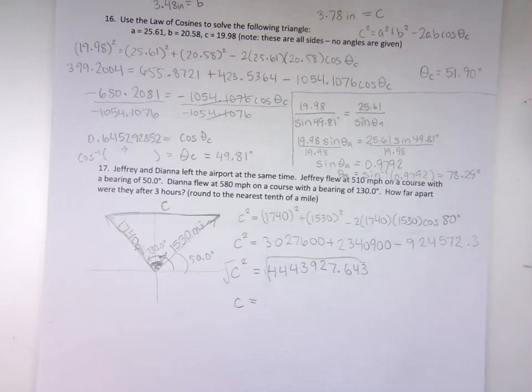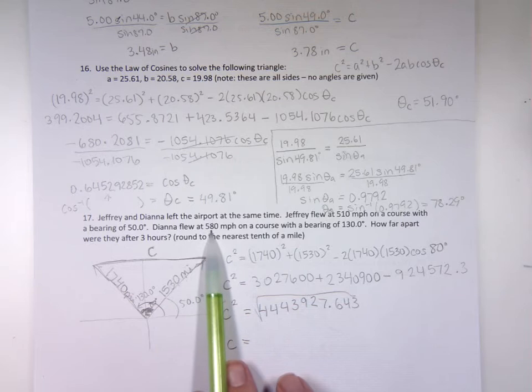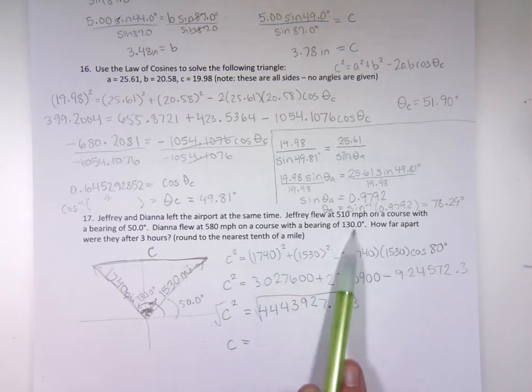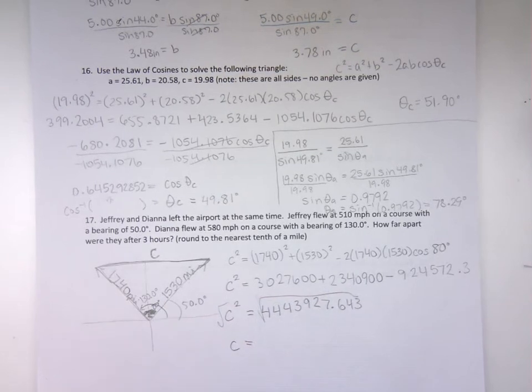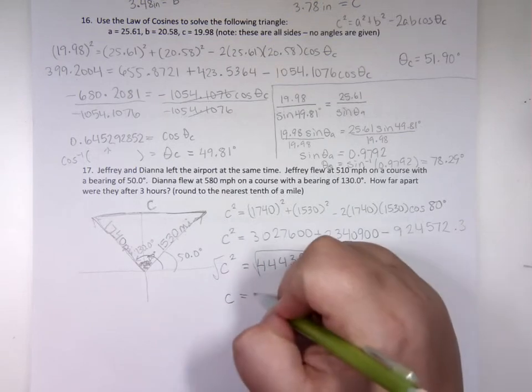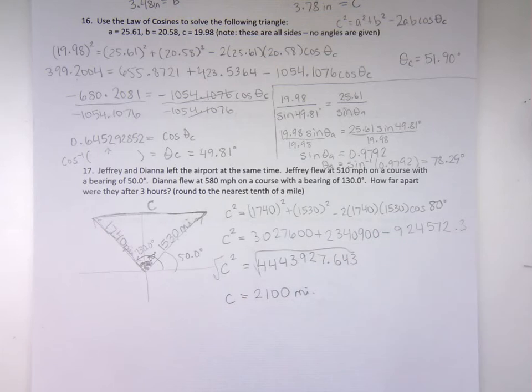And if you notice, 2 significant digits here, 2 significant digits here, 4 here, 3 here. So we're going to go with 2 significant digits. So rounding to 2 significant digits is going to give us 2,100 miles. Oh, no, I said round to the nearest tenth of a mile.